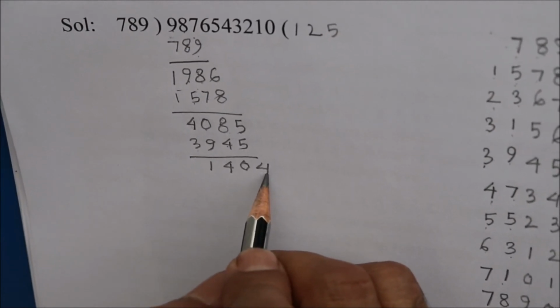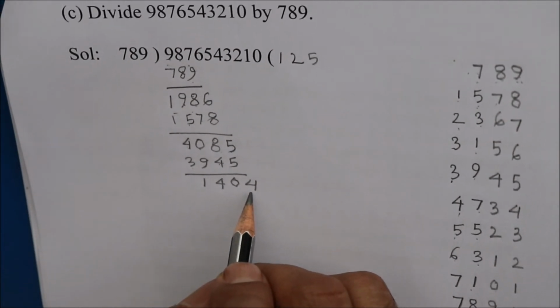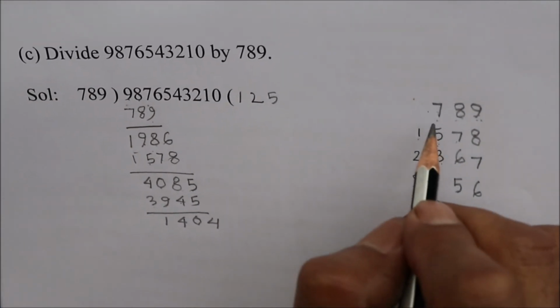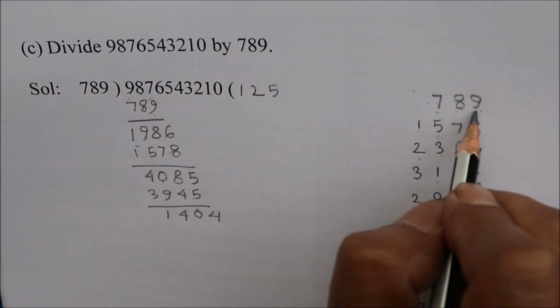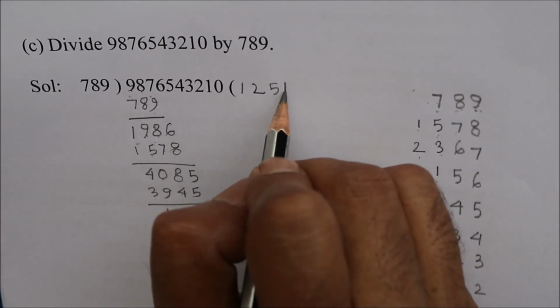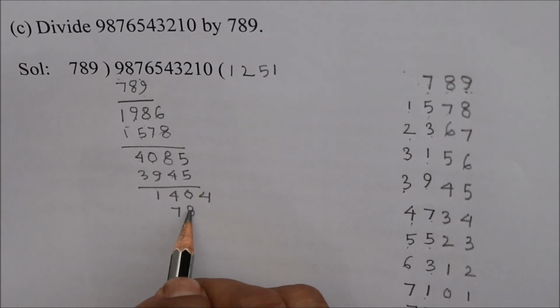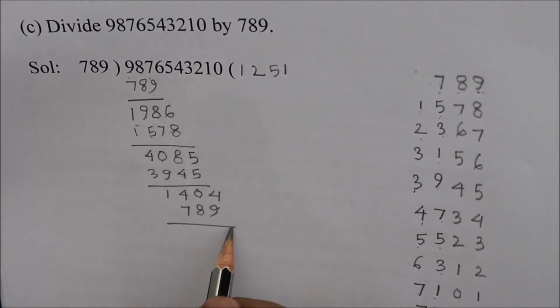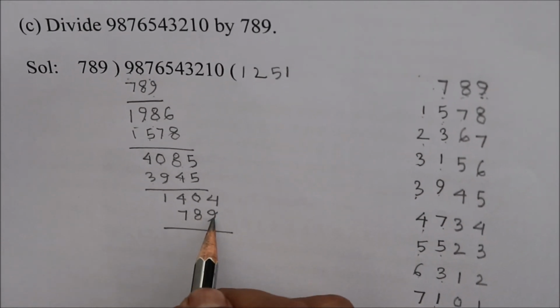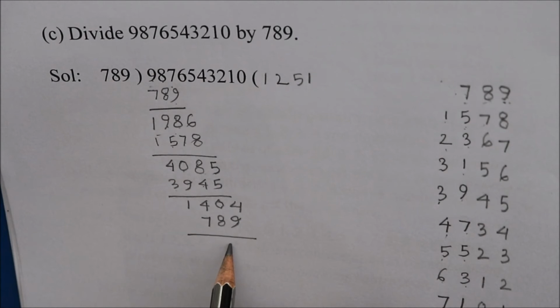The nearest multiple less than 1404 is 789, which is the first multiple. We write 1 here, and we write 789. Minus 9 plus 1. 4 plus 1, 5.